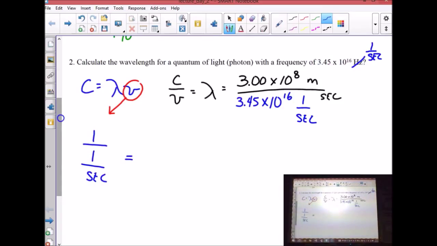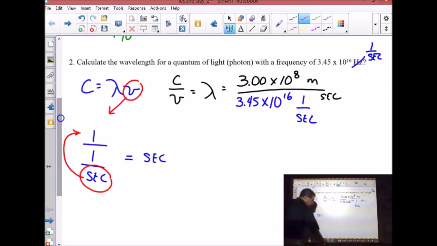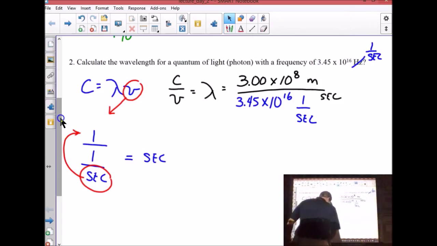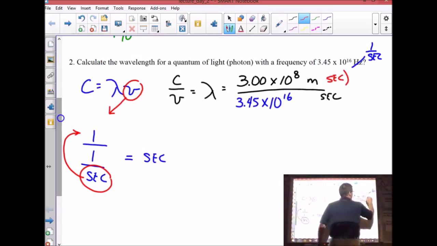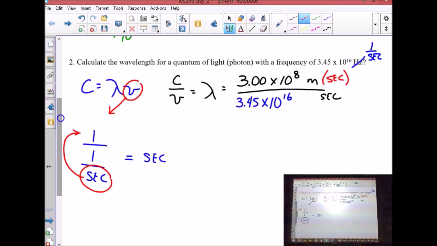Seconds. Because you have 1 divided by 1 over seconds, and the seconds, since it's on the opposite side of the division line, goes right up there. So it makes sense not to write 1 over seconds like that, but put it up here. I always do that. I put it in parentheses to show that it was on the opposite side originally.